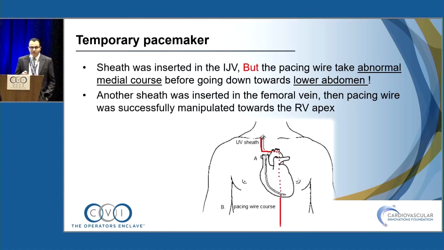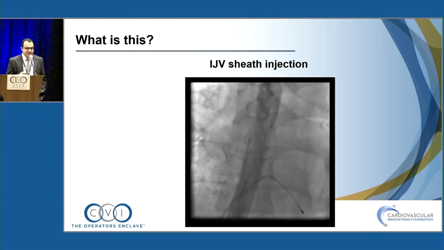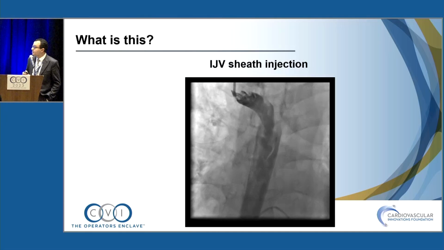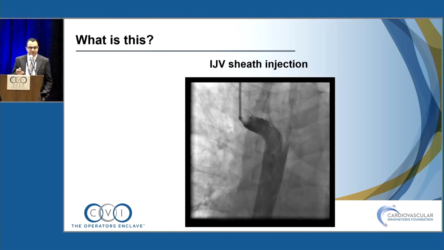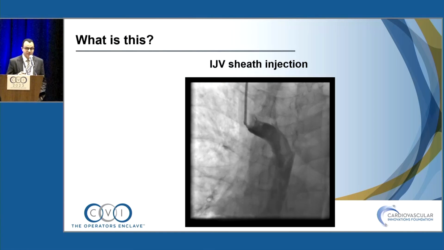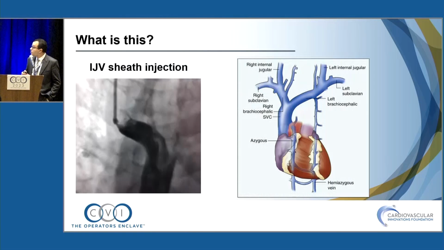But to figure out what was going on, I decided to inject 10 cc of diluted contrast through the internal jugular venous access, and here is what we got: a dilated venous structure that drains downwards into the abdomen with nothing entering the cardiac shadow. So what is this? Let's go back to our normal anatomy.